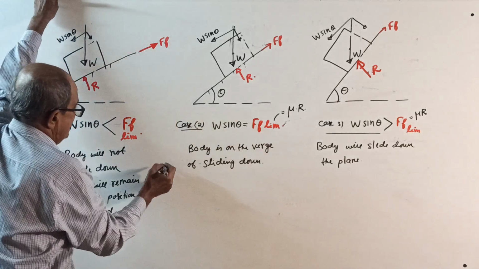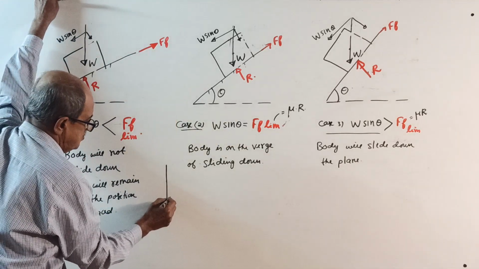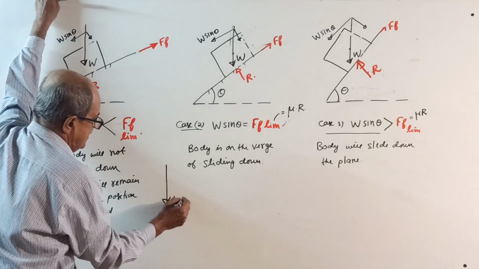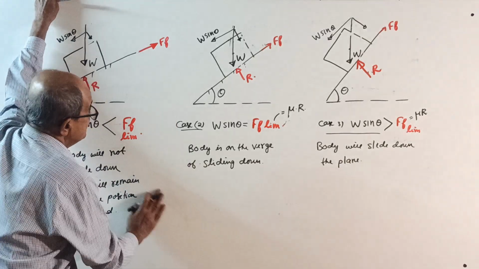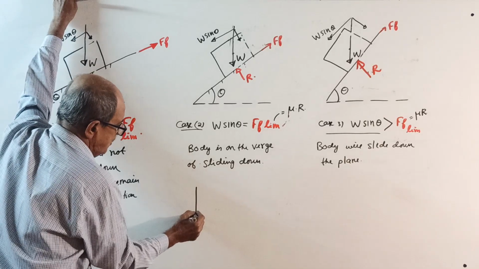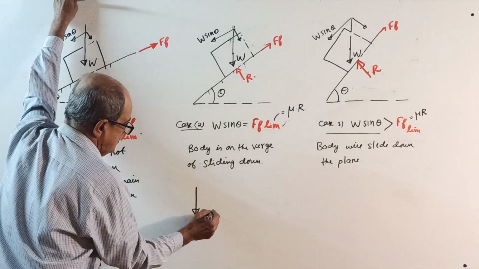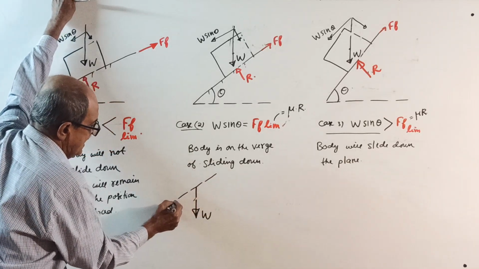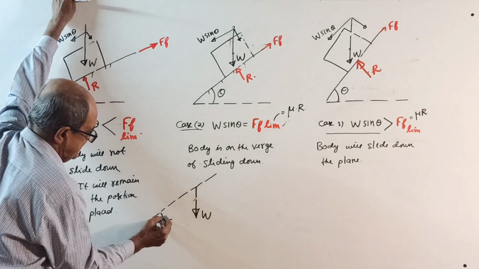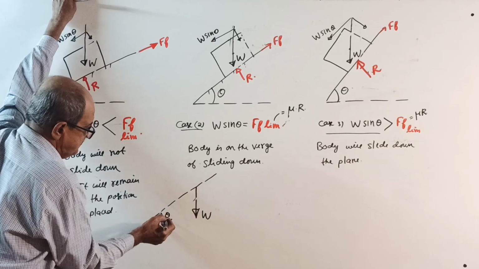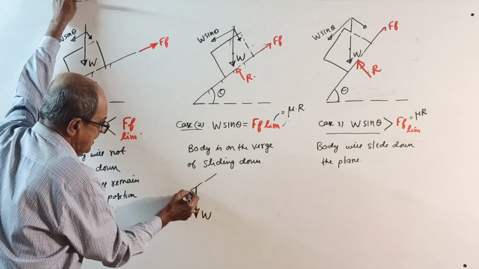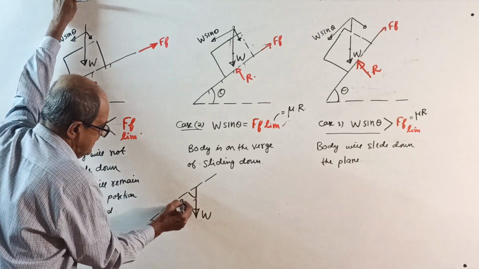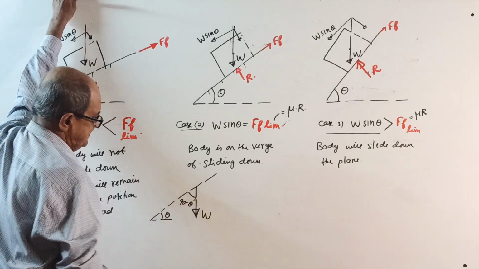See here, W is acting down this way. Weight is always acting down. The inclined plane makes an angle theta, and W makes an angle of 90 minus theta with the plane.